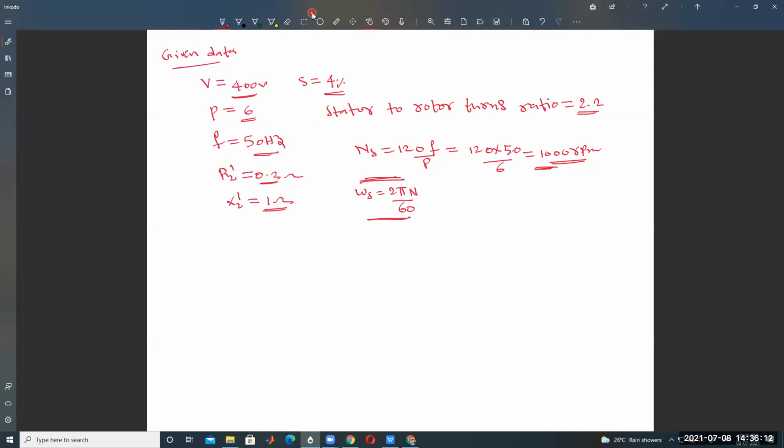Okay, so tell me here what is the speed? 1000. Tell me what is the result here? 2 pi into 1000 by 60. How much here? Radians per second. How much here? Tell me.